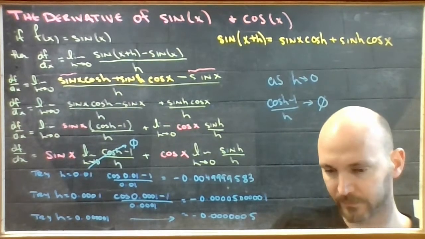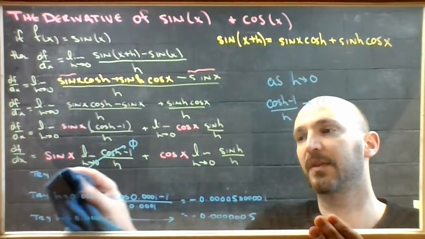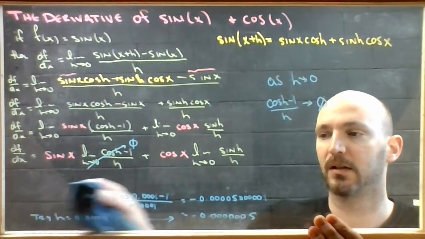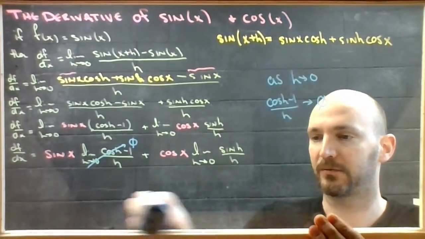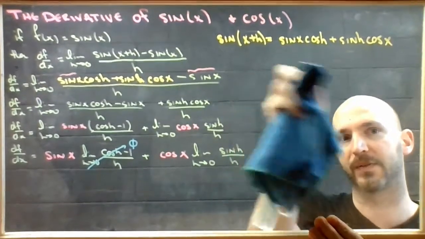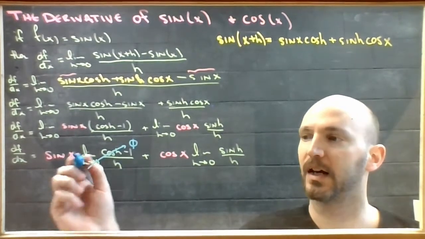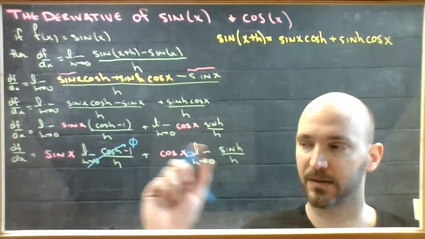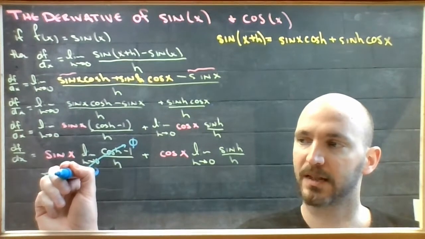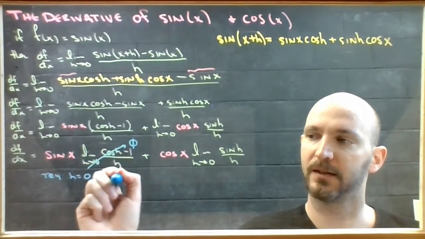Okay, so I'm going to clean this off and then do the same thing for this limit here. I want to see if that limit is actually worth something if I do it manually. So here we go, we're going to evaluate this one. Same h values. Try h is 0.01.